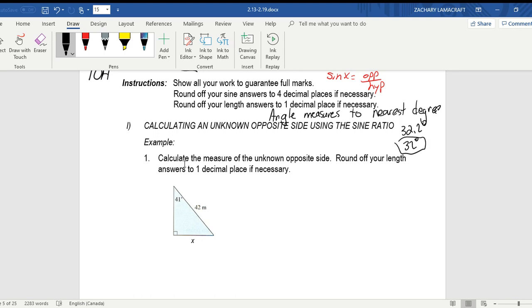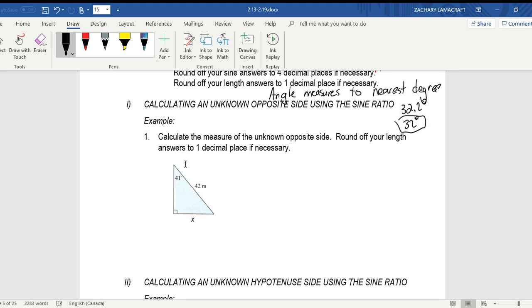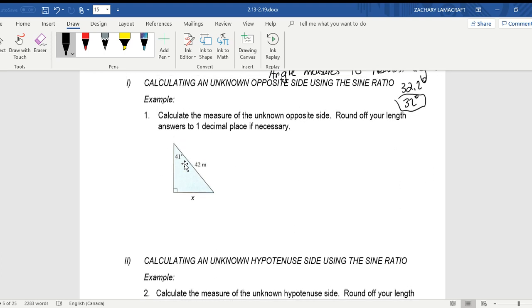It says calculating the unknown opposite side using the sine ratio. Calculate the measure of the unknown opposite side, rounding your length answers to 1 decimal place if necessary. If we're looking at this triangle, I'm just going to label it A, B, and C. We know the angle in question is 41, so angle A, and we know that A to B is our hypotenuse.